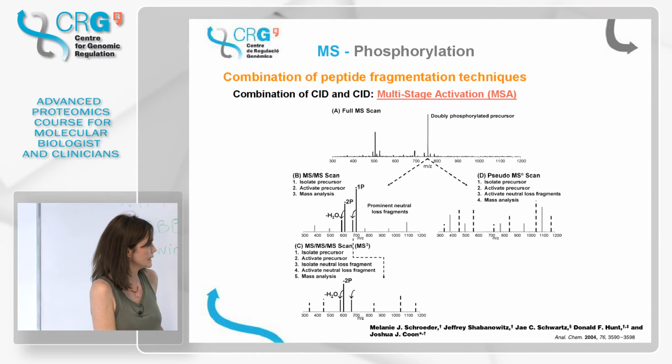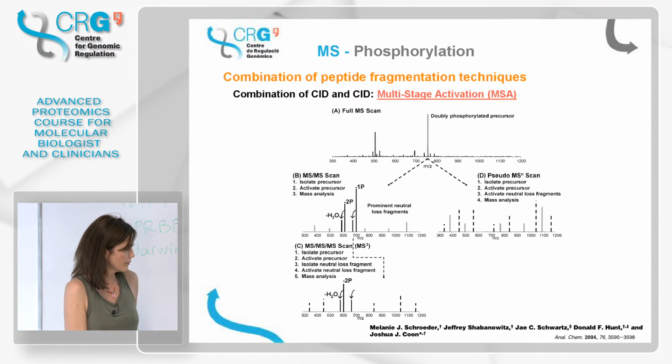What this does is that there is a first fragmentation of CID, which would be the spectra in which you can see that most of the fragments are the loss of the phosphorylation. And then we tell the machine that every time you see this loss of phosphorylation, take this peak and fragment it again.